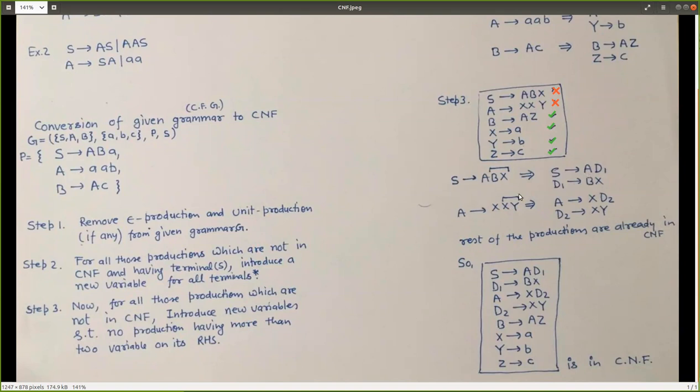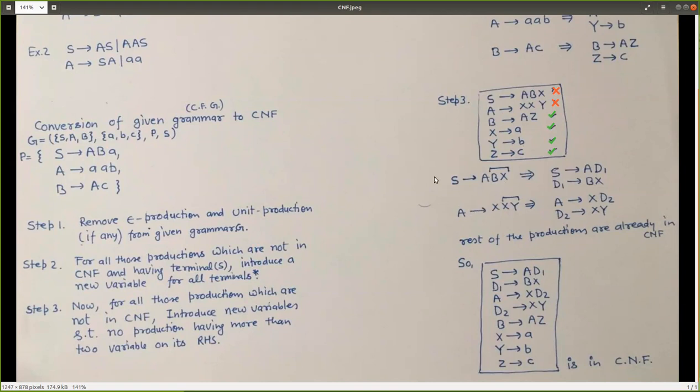And now suppose there were more variables. What could we do? We would simply repeat this process again and again till all the productions are in a format where the left hand side has one variable and the right hand side has exactly two variables.